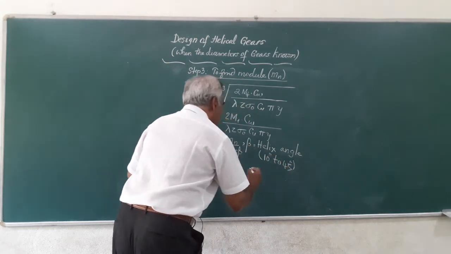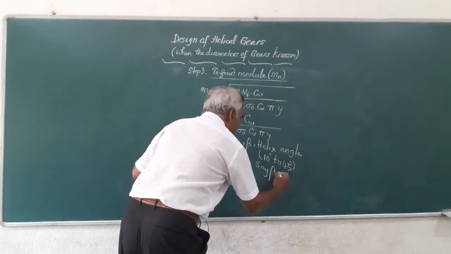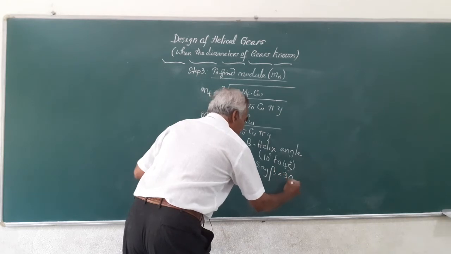Let us say in this problem we are following beta equal to 30 degrees for the purpose of studying the procedure.